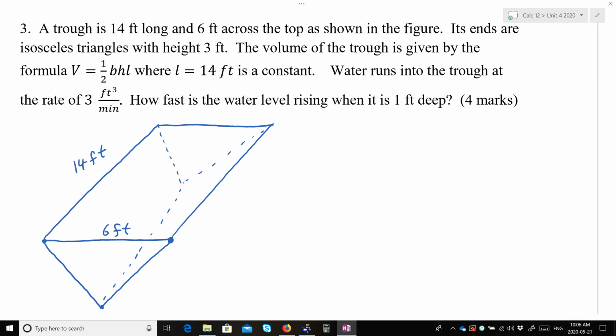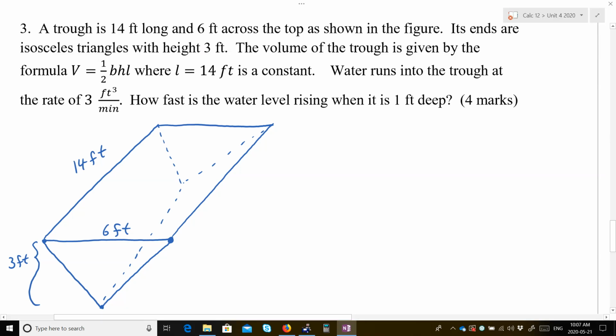Its ends are isosceles triangles with height 3 feet. So the height here is 3 feet. Okay, we have a formula for the volume. L equals 14 feet is constant.